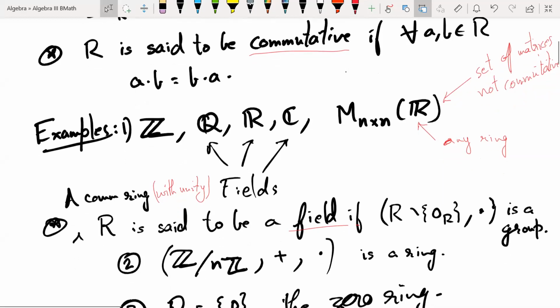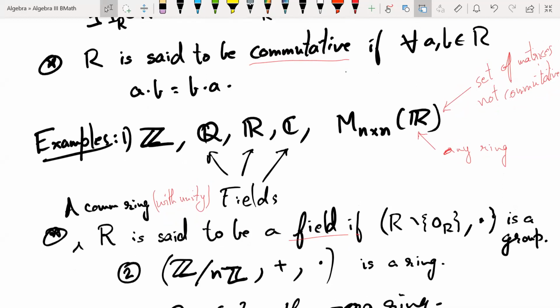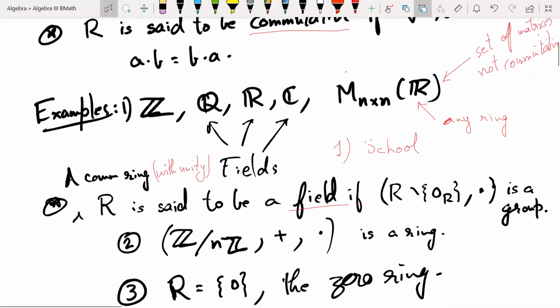Then another class of rings. I'm going by what you may have seen earlier. This number one you must have seen in school, before coming to ISI. This also most of you must have seen at least in high school: Z mod n Z with plus and dot. Maybe the notation was different.